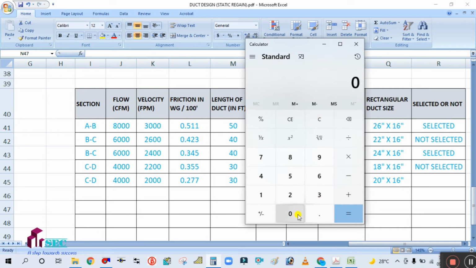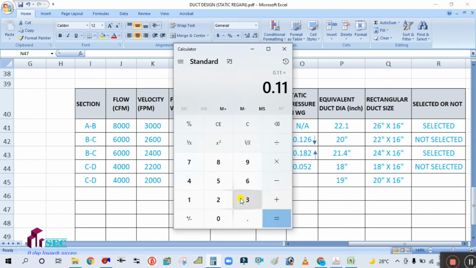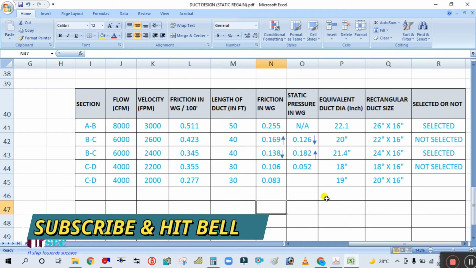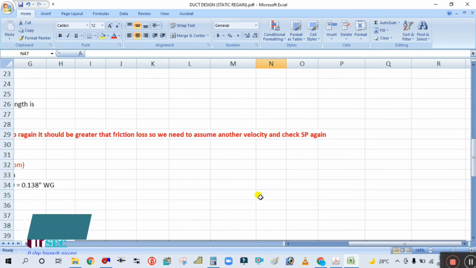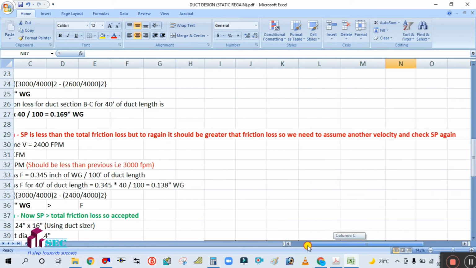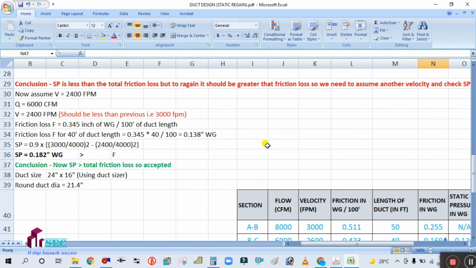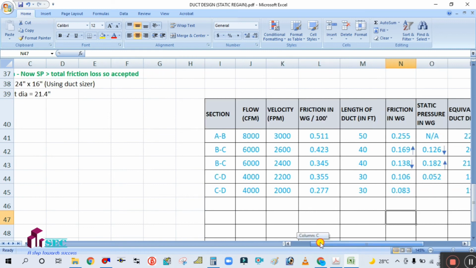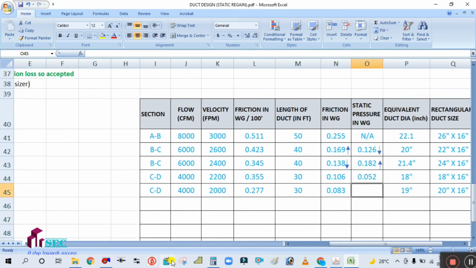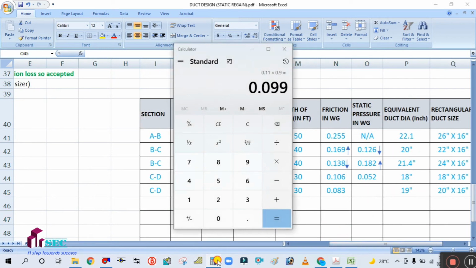Simply clear. So 0.36 minus 0.25, so 0.11 into 0.9, R is the recovery factor. So 0.099. R is nothing but, you can see here, recovery factor. So now we are getting here 0.099.